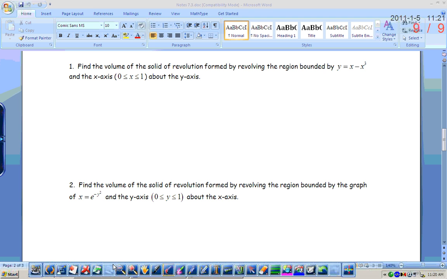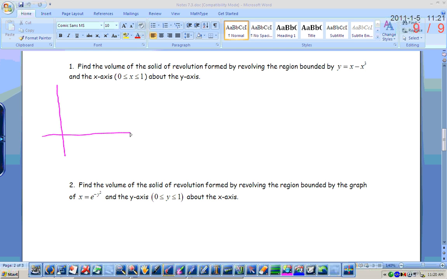Okay, so what we're going to do is find the volume of the solid that's formed by revolving the region bounded by y equals x minus x cubed and the x-axis between 0 and 1 about the y-axis. So the first thing you want to do is get a picture of what that region looks like.